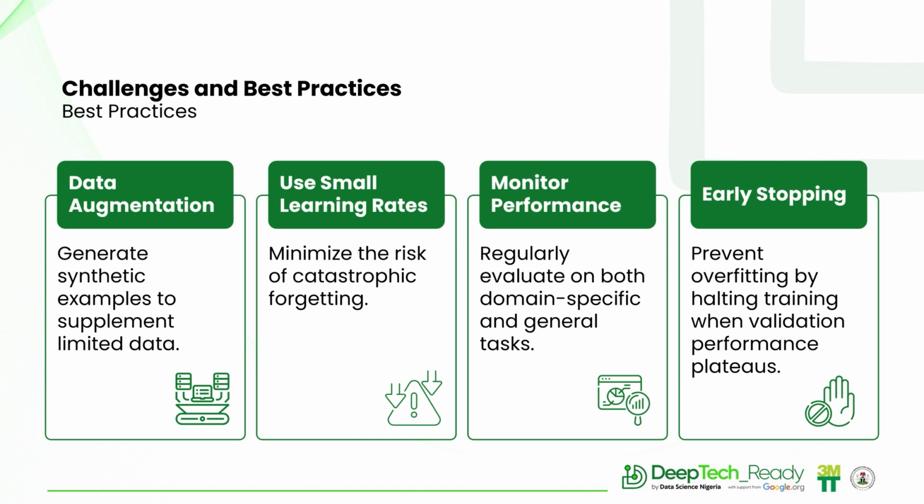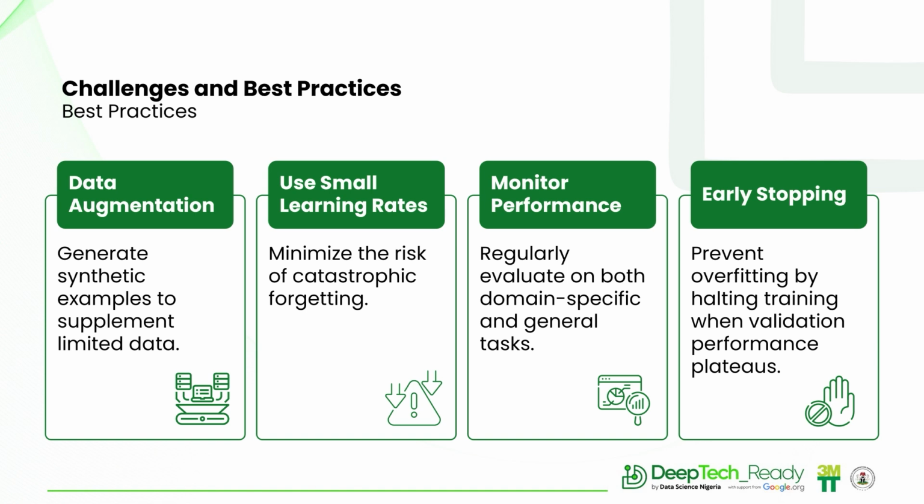Regularly evaluating the model's performance on both domain-specific tasks as well as general tasks is also important. This ensures that fine-tuning doesn't compromise the model's ability to handle general language while also improving performance on specialized tasks. To avoid overfitting, it's a good idea to use early stopping, which halts training when the validation performance stops improving.